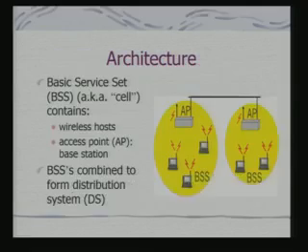The basic architecture is a basic service set, or a cell, which contains wireless hosts and access points. These access points can be connected to a wired LAN. This is the base model that we have already shown, and the BSSs combine to form what is called a distribution system.